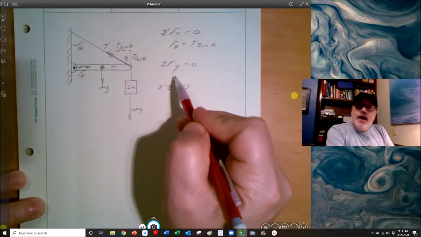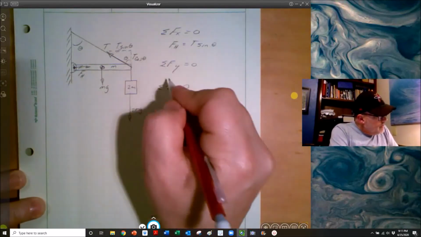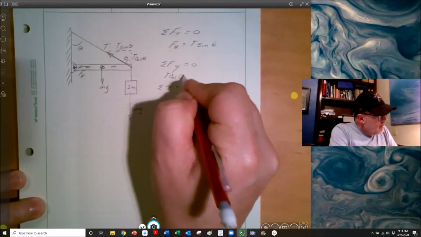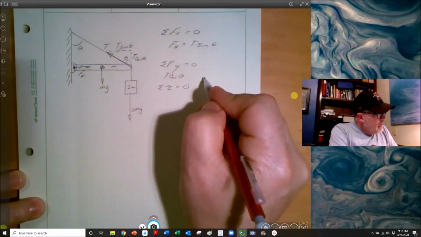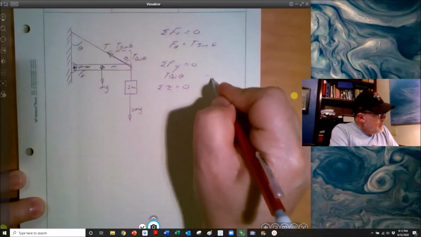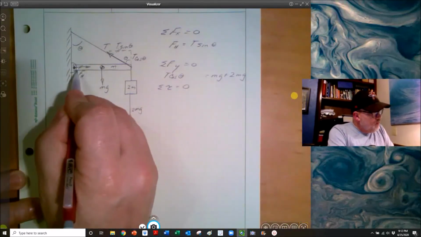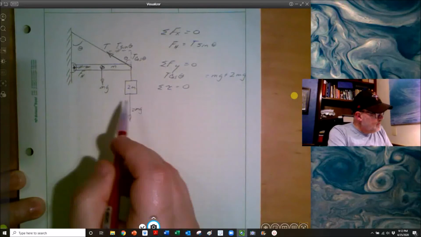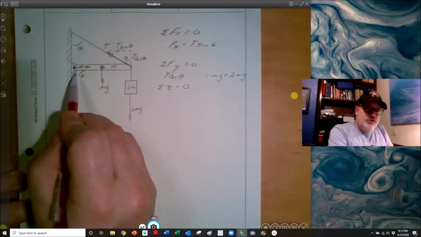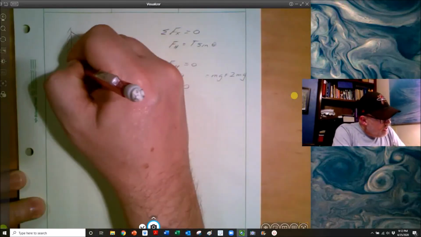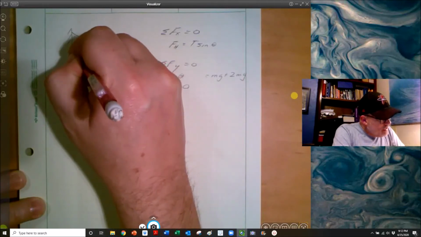All right, let's look at the y direction. We have T cosine theta upward, and downward we have an mg plus a 2mg, and then we have something going on at the hinge because that's probably pushing up or down. I'm going to assume it's pushing up. That seems like the most likely to me.